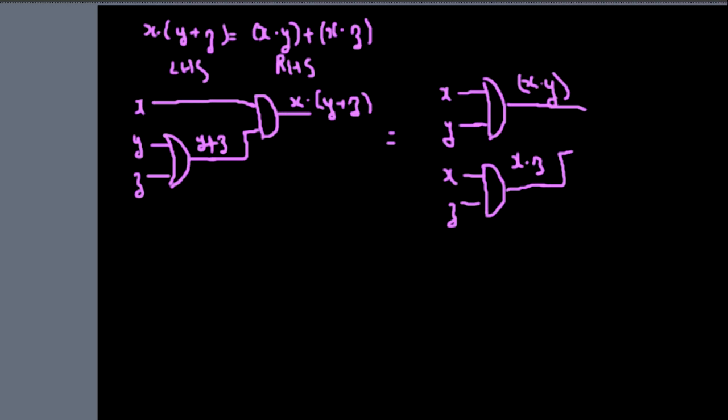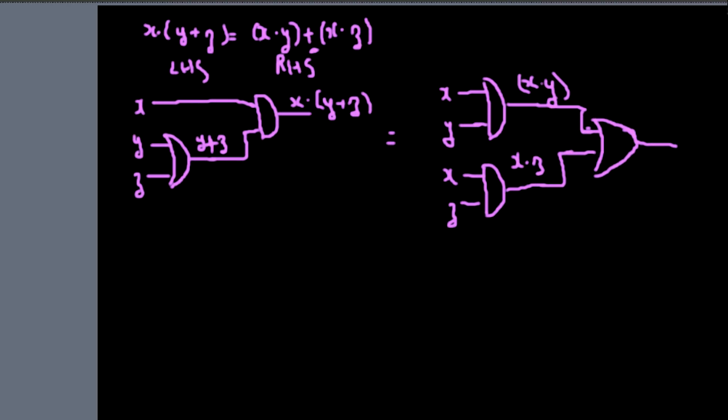Now you can give these two outputs from these two AND gates to an OR gate, since you have plus over here.